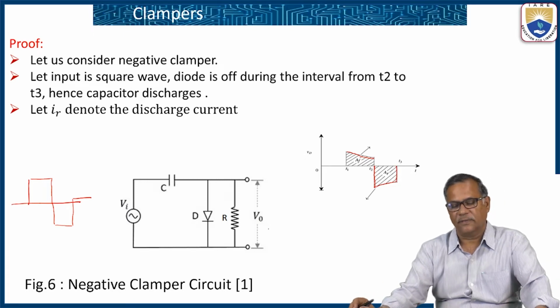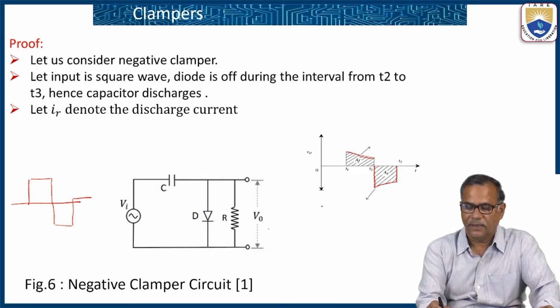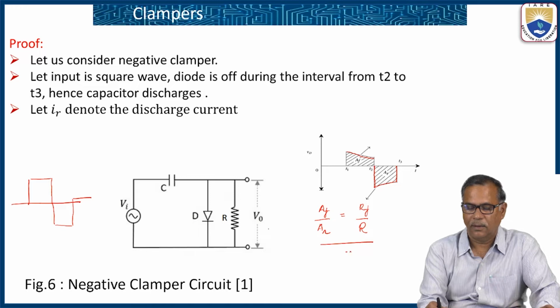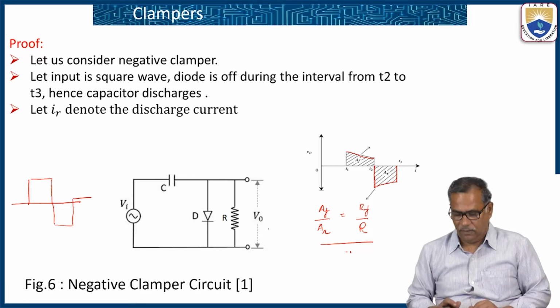So here the clamping theorem states that AF by AR is equal to Rf by R.